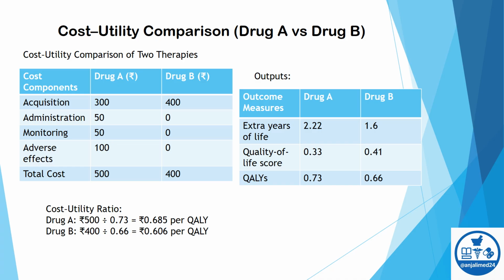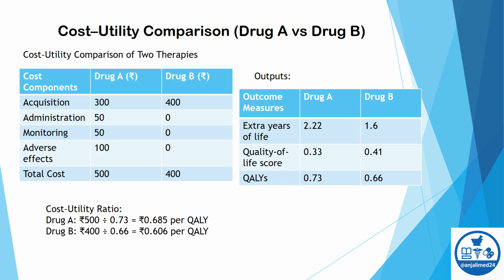Next, we examine the outcomes. Drug A offers 2.22 extra years of life with a quality of life score of 0.33, giving us 0.73 QALYs. Drug B provides 1.6 additional years with a better quality of life score of 0.41, resulting in 0.66 QALYs.